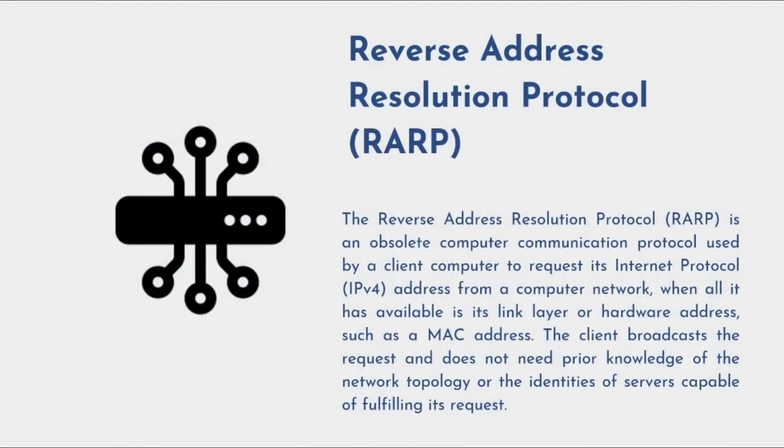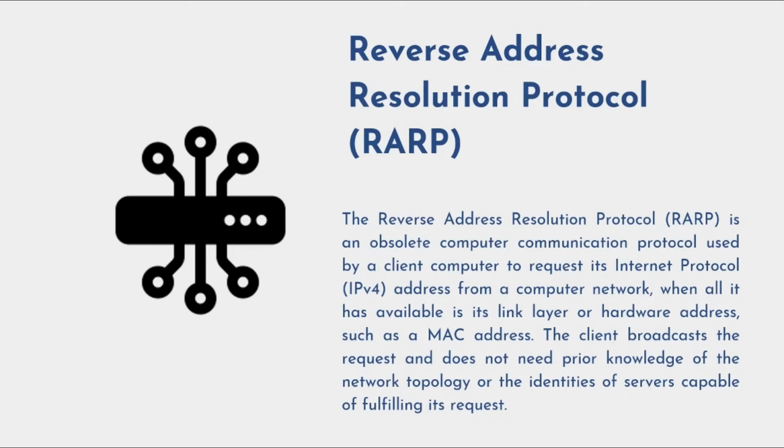And lastly, we have the Reverse Address Resolution Protocol, or RARP. The Reverse Address Resolution Protocol is an obsolete computer communication protocol used by a client computer to request its Internet Protocol IPv4 address from a computer network.